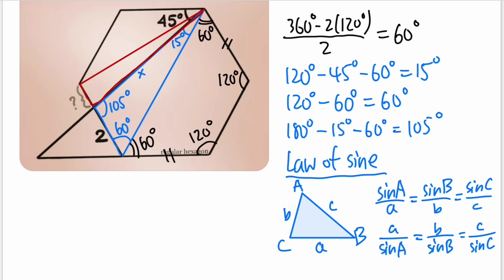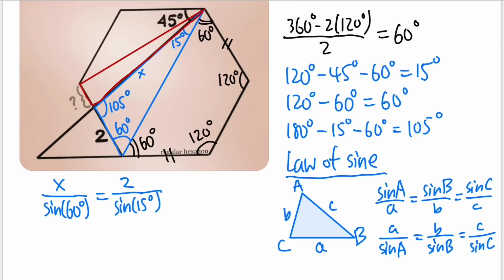We have this side and this angle, right? But we have to look at 15 degrees and also the 2, because 2 is the only side that we know. So check this out. By law of sines, we know that x over sine of 60 degrees must equal 2 over sine of 15 degrees.